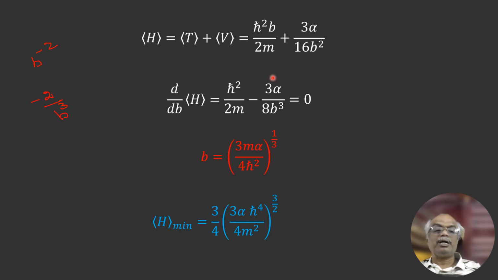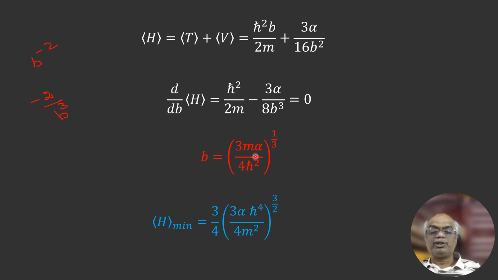So this 2 will cancel with this 16, which will become 8, and this p squared will become p cube. So this second term is minus 3 alpha over 8 p cube, which is equal to 0. So you have p in the second term only. If you equate both, you will get p is equal to 3m alpha divided by 4 h cross squared power 1 over 3.